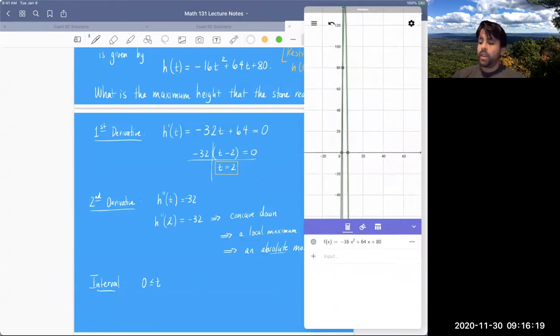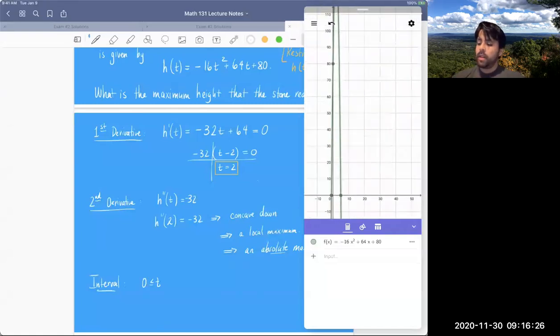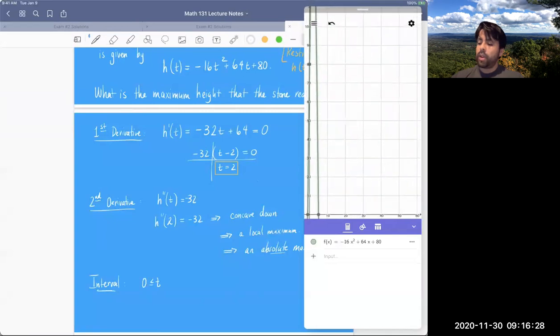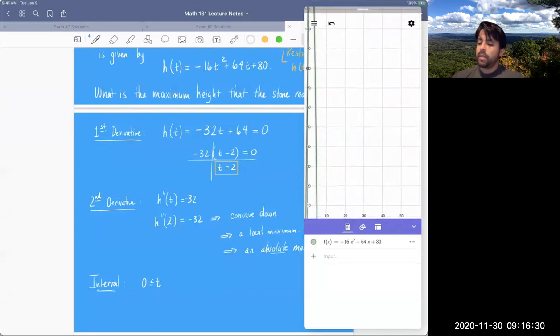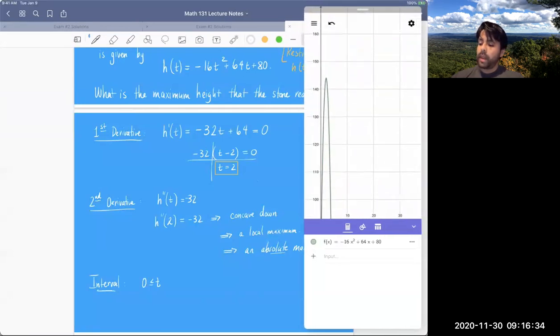It's a parabola. It's very thin, right? But the context of my problem never includes to the left of 0. It starts from 80. And then it goes up, it reaches a maximum, and that's the maximum that I want to figure out. And the maximum actually is 144.